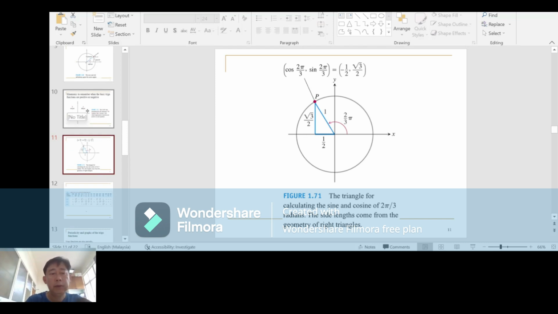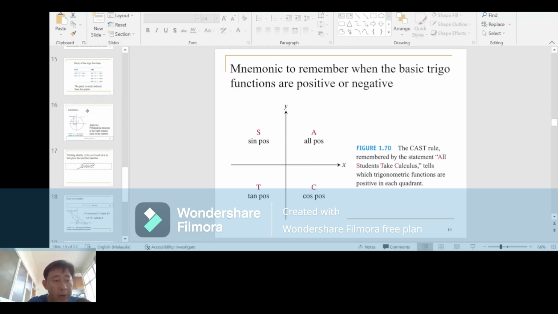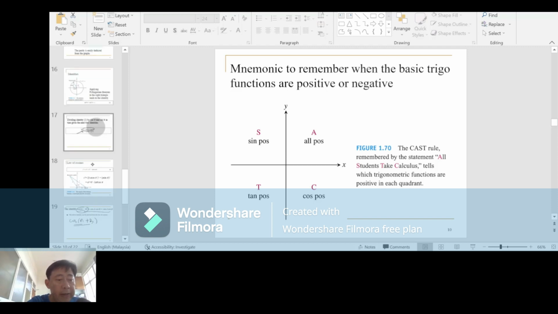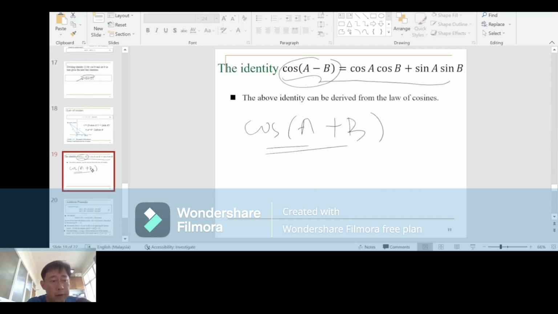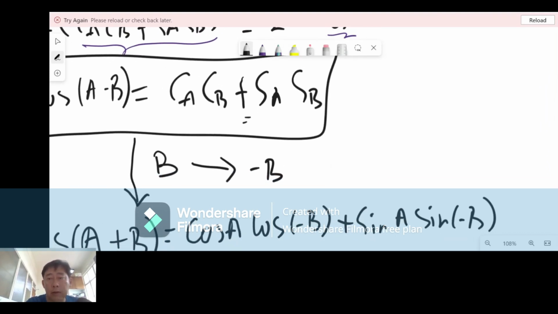The CAST rule says that the sign of the trigonometric function depends on each of the quadrants, right? So based on this CAST rule, I can now try to simplify the expression of cos of minus B. So what is cos of minus B? Now it is like this. So this is C A S T.